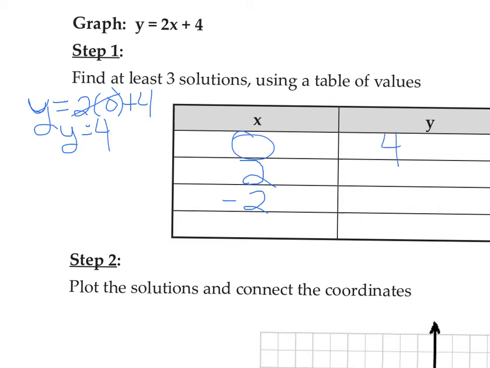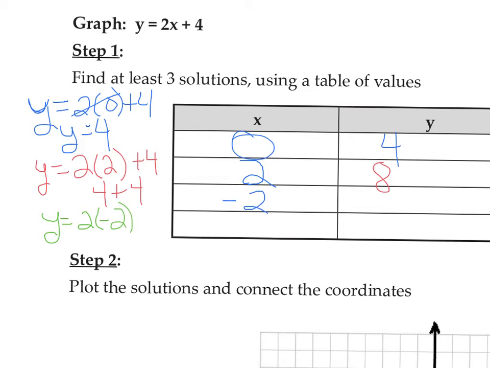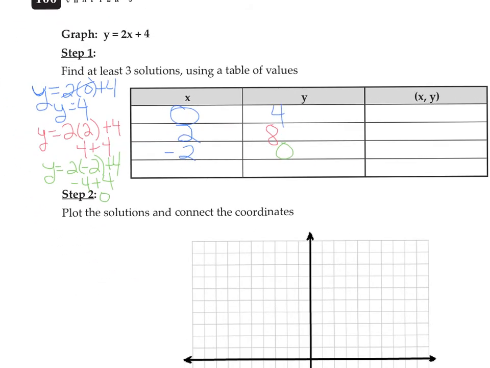And then the same thing for when x equals 2. y equals 2 times 2 plus 4, which is 4 plus 4, so y equals 8. And then y equals 2 times negative 2 plus 4, which is negative 4 plus 4, which makes 0. So there I have my 3 ordered pairs for this equation.